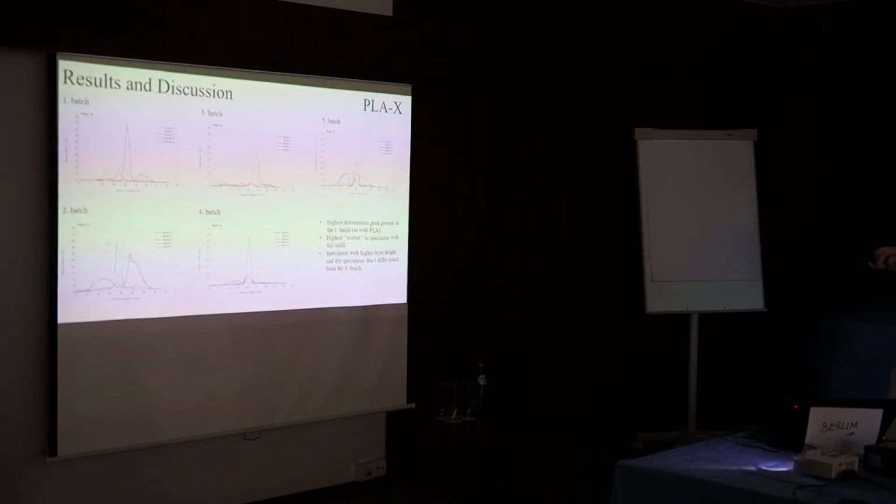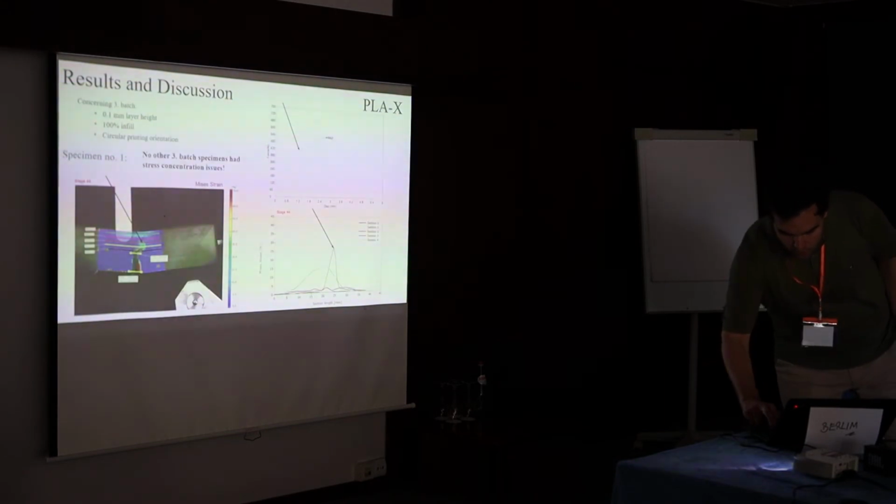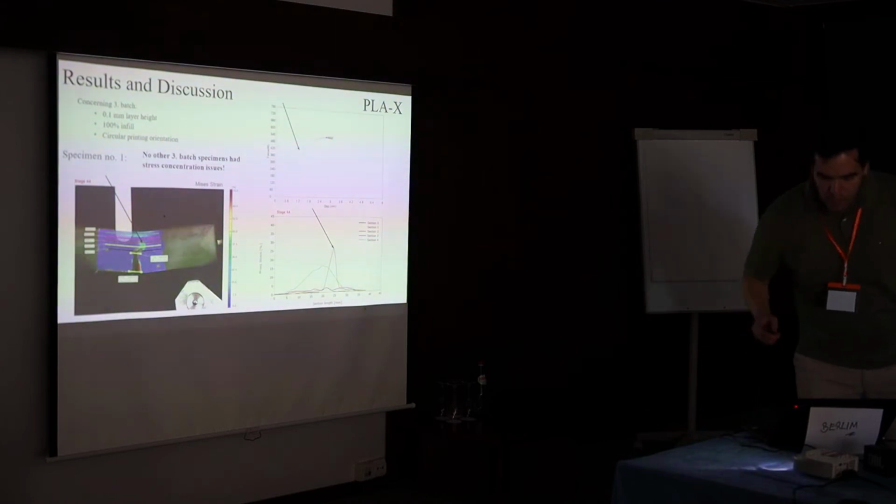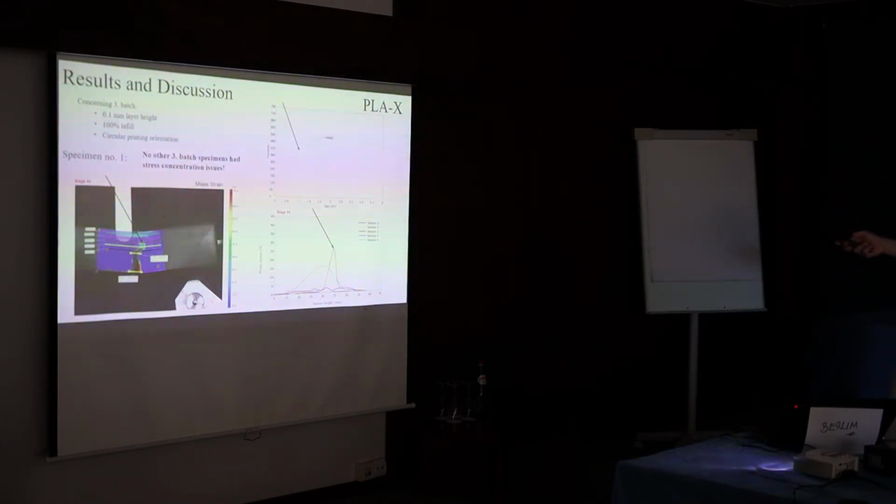So this is a ductile material, and also in the full infill batches we have a higher deformation value scatter. Here there was also a minor issue with the same batch on this PLAX material, but this force peak wasn't as critical as in the PLA material.